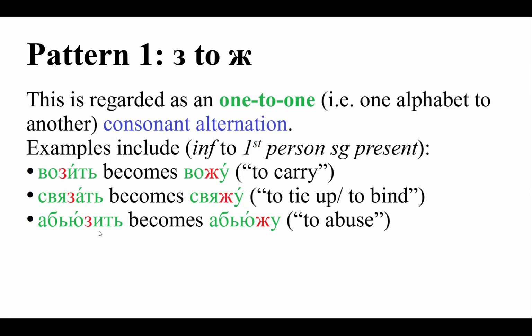That means to abuse, and it changes to abuse, that means I abuse. Well, it's not a good thing, but it's just a demonstration, please don't take this out of context. Back to the topic, you can see that the letter here switches to zhe, and the letter here switches to zhe. Same rule, the letter here switches to zhe.